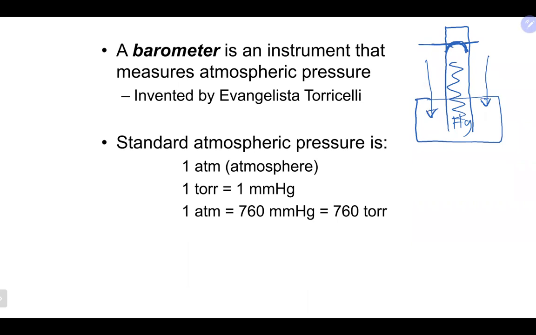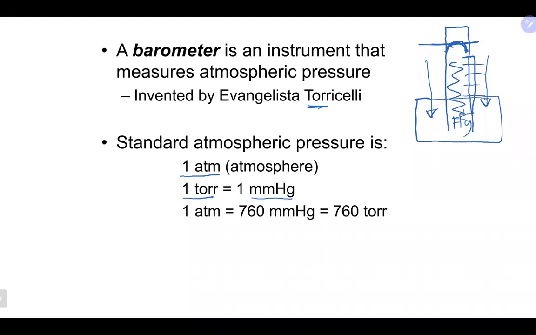A couple of really important units are an atmosphere, an atm, a torr, which is named after the guy that invented the barometer, and mmHg, which is millimeters of mercury. That is because a barometer used to have mercury, and they had a ruler on the side of it, and you basically read the ruler as to where the mercury was. The ruler is a lot of times in inches, centimeters, or millimeters.